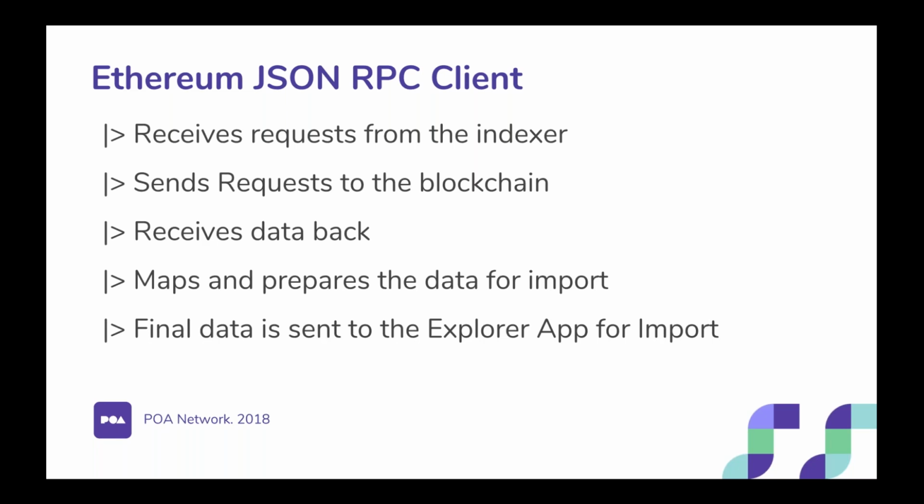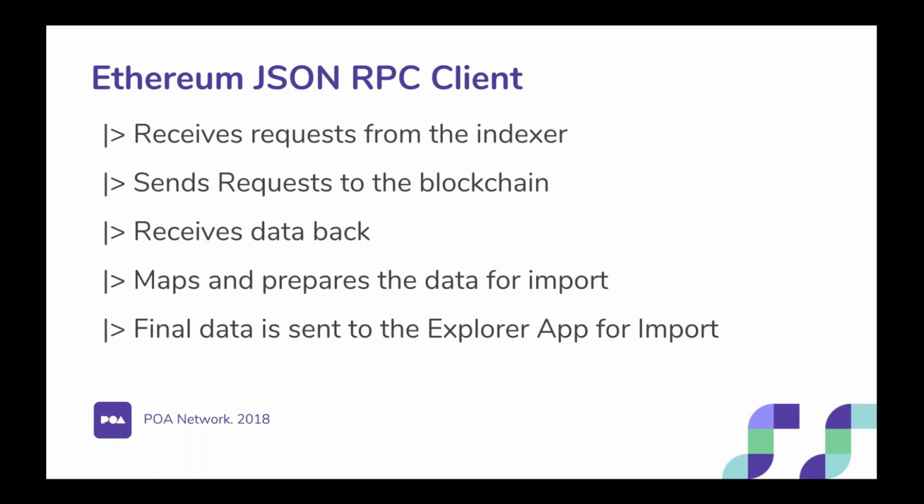So once it receives the data back, it then maps it to our storage layer. So many of the different clients, so right now we're using Geth, Parity, and Ganache, they will actually send us back slightly different information. So we need to map this to exactly what client it is and be able to import it accordingly to Postgres.